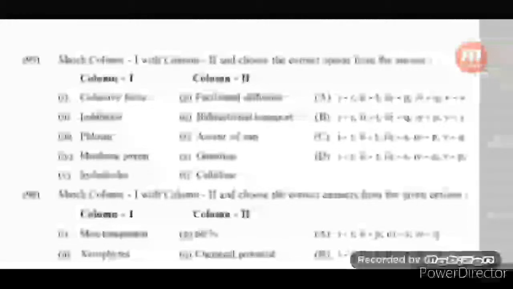Next one is option 4. Again cohesive force is ascent of sap. Imbibition is cellulose. The third one, phloem, is guttation again, but the membrane protein is bidirectional transport. And hydathodes is facilitated diffusion. So this is option 4 they have given.